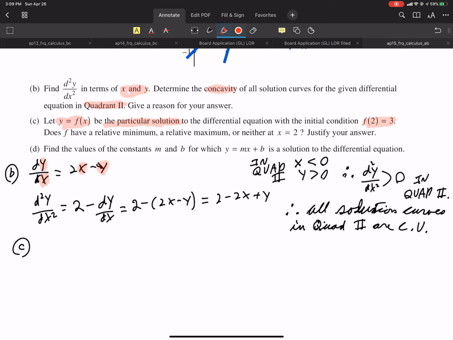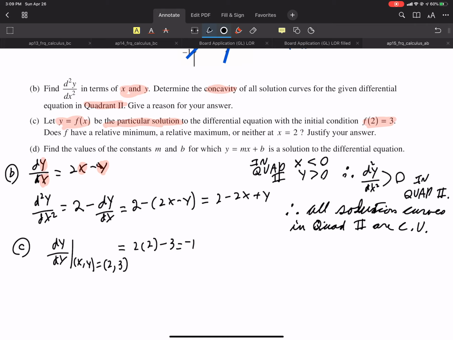So first of all, you have to make sure that at 2 there's a critical point. So let's make sure there's a critical point. So let's find dy/dx at the point (2, 3), and that will be 2 times 2 minus 3, which is negative 1.